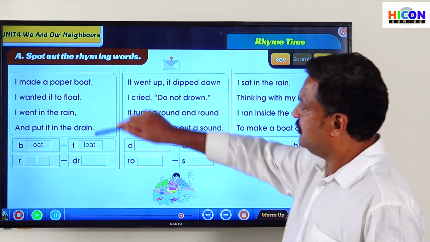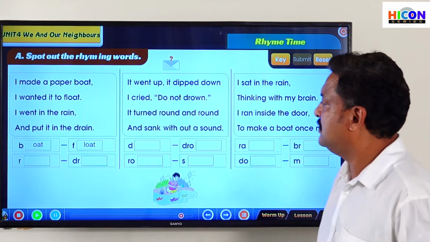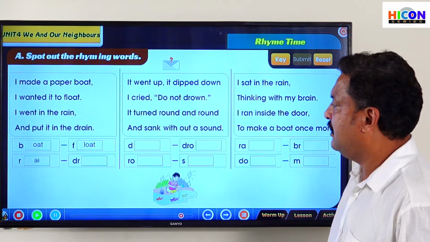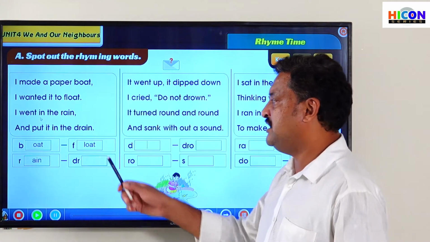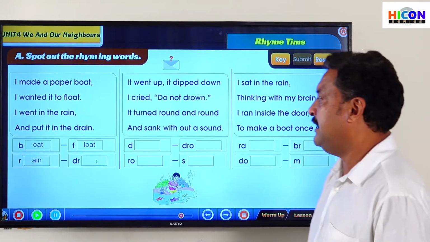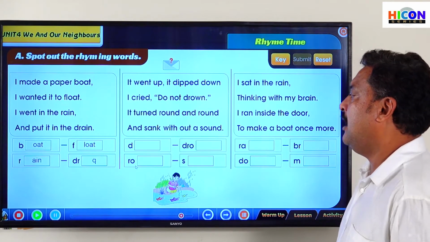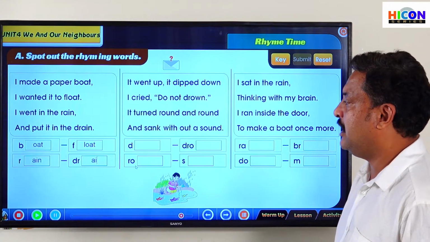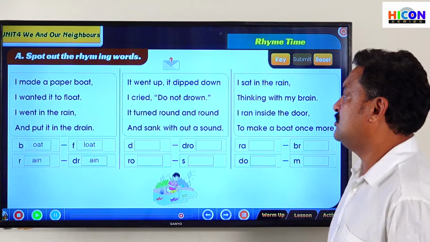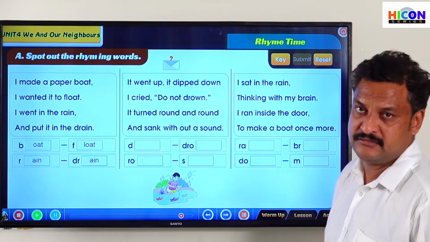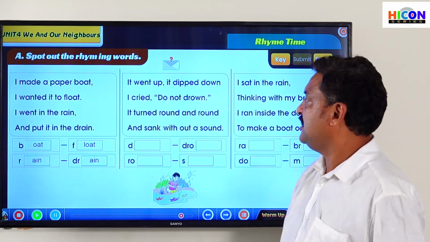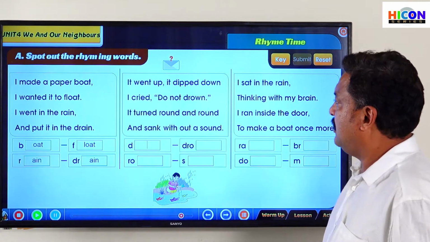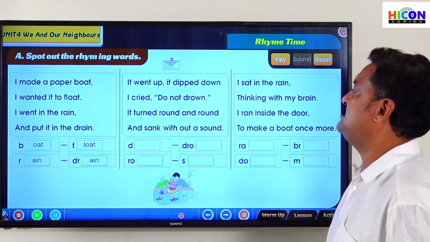So yes, rain, drain, isn't it? R-A-I-N, rain, rhymes with D-R-A-I-N, A-I-N, isn't it? So rain and drain, it rhymes. Now, it went up, it dipped down.